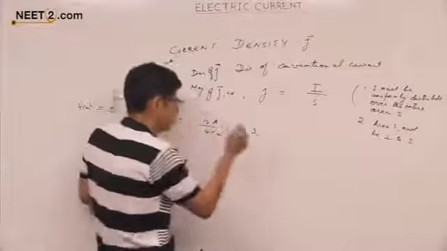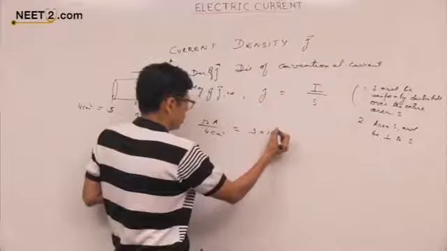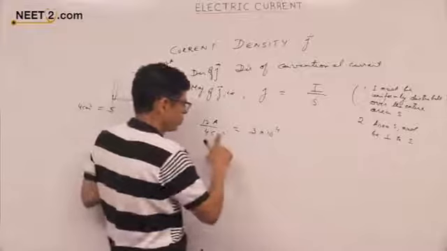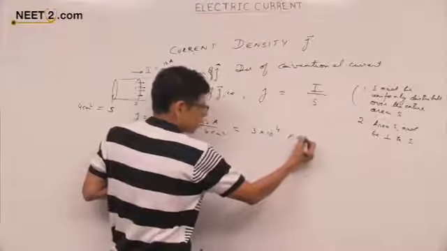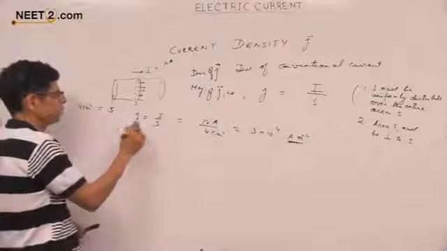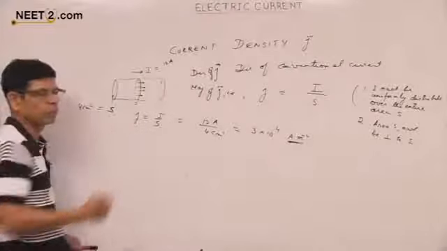So it would be 3 into 10 to the power 4. 3 comes from 12 by 4, and 10 to the power 4 comes from converting this into meter square. So ampere per meter square can also be written like this. So this is the SI unit for J, and the direction of J is the same as the direction of conventional current, meaning in this diagram from left to right.